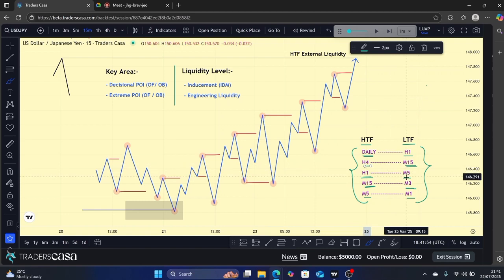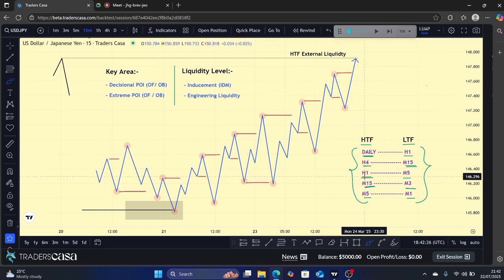How long would you like your trades to last? If you would like your trades to close within the day, you should be looking from the lower time frames. If you would like to hold your trades overnight, or for a number of days, maybe because you lack time to manage them, or there is news and you cannot manage the trade, then you will need the higher time frames, because they are less affected by high impact news.